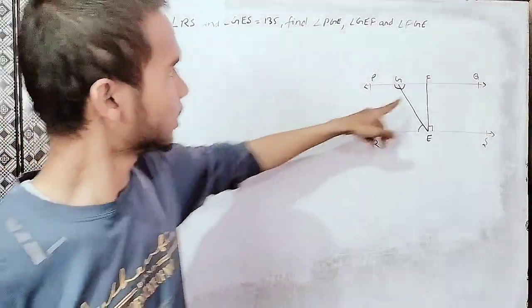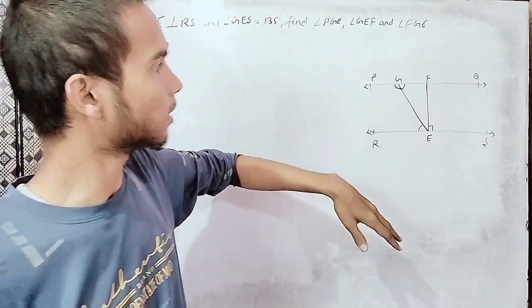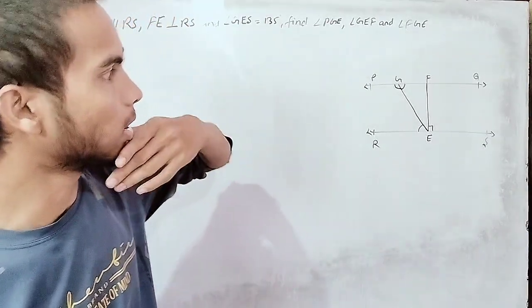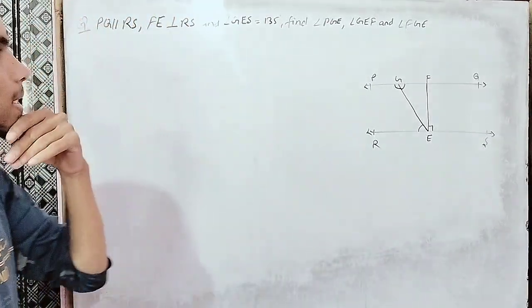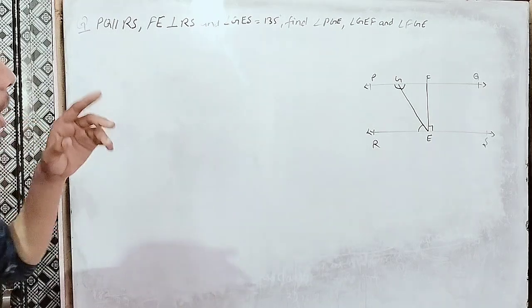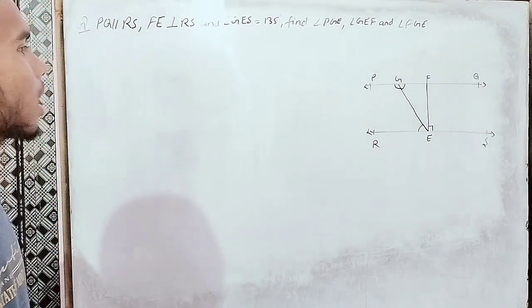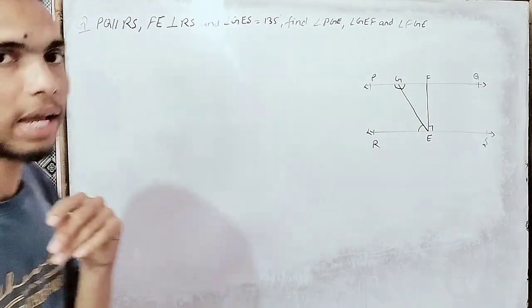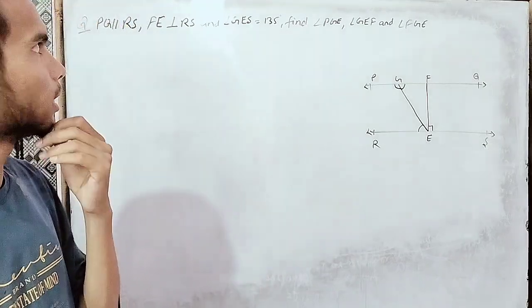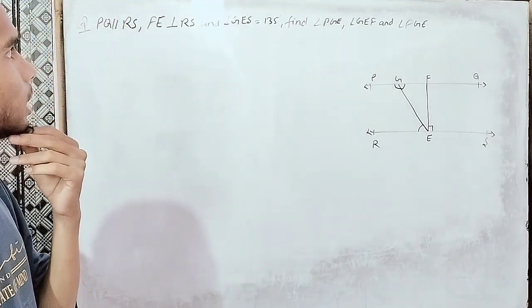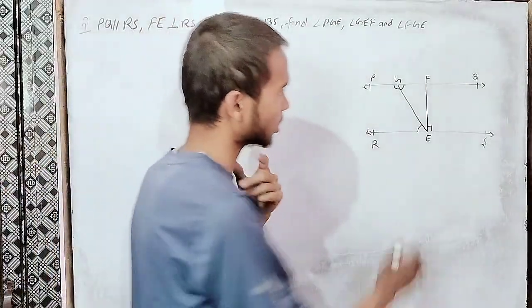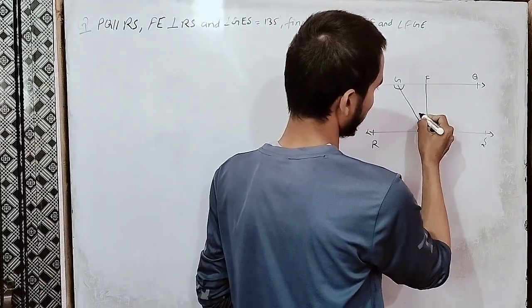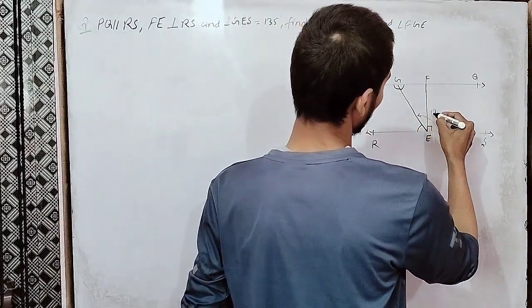AP is perpendicular to RS. Okay, the RS line, and we have the value of angle GES. From here till here is how much? 135.